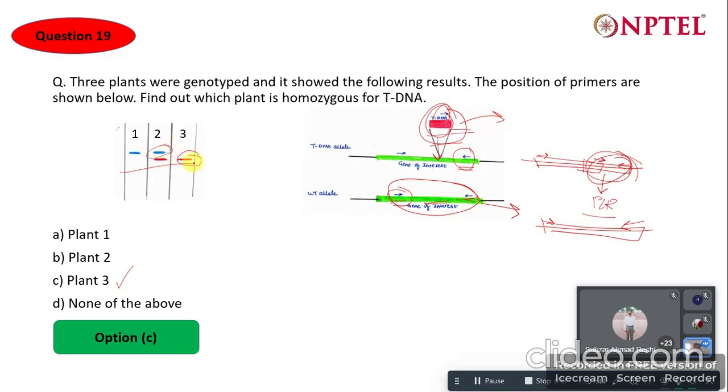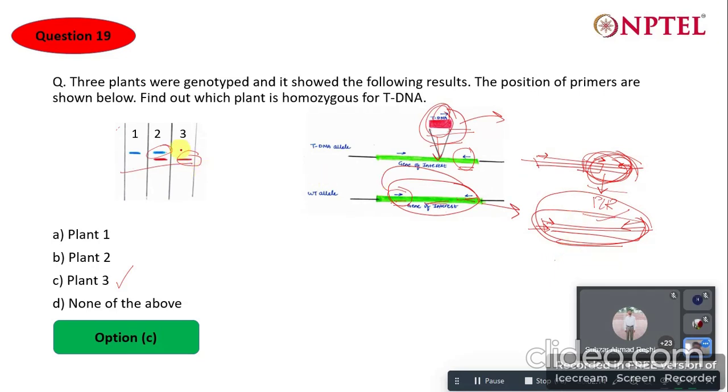Okay, so if we consider plant 1, it has a larger PCR product, that is, it has a wild type allele. In case of plant 2, one of the chromosomes has tDNA and the other doesn't. That is why two bands are observed, one from the wild type and the other from the one that has the tDNA region.